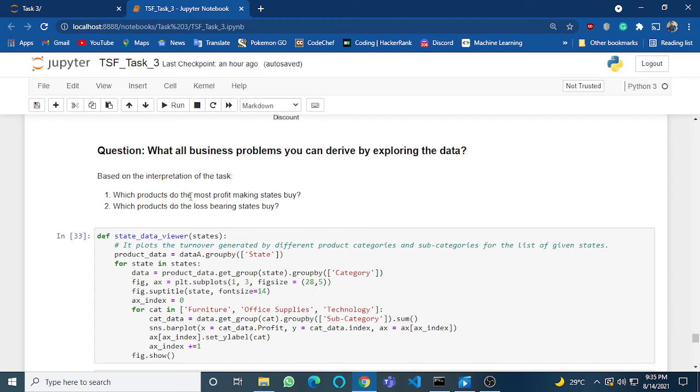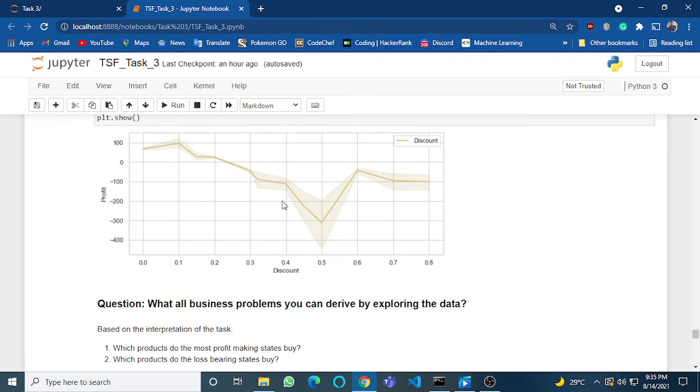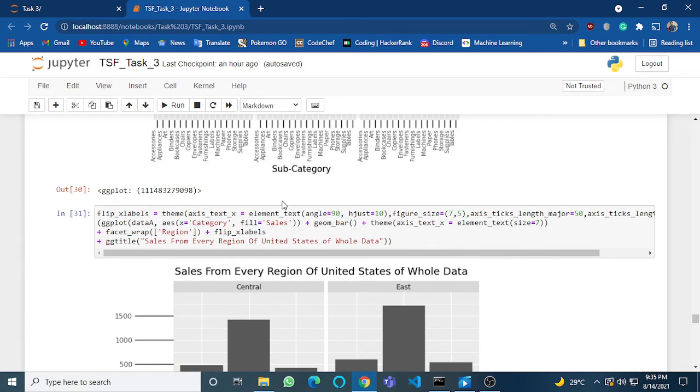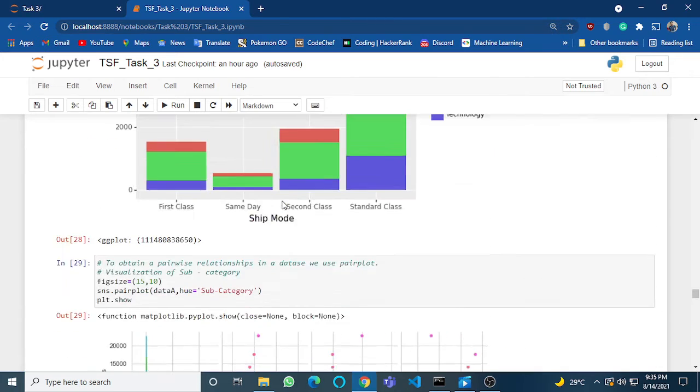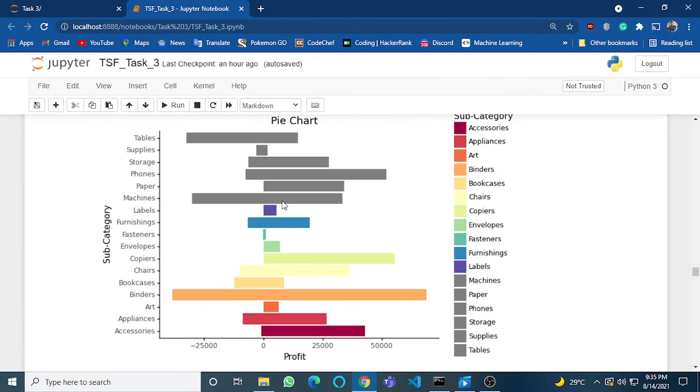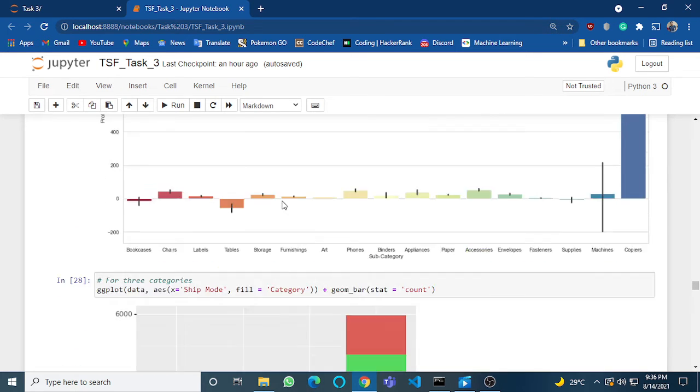The first question asks which products the most profit-making states buy, and the answer for that is, from our pie chart, it can be seen that the binder subcategory has suffered the highest amount of losses, and the copier subcategory has gained the highest amount of profits with no losses.